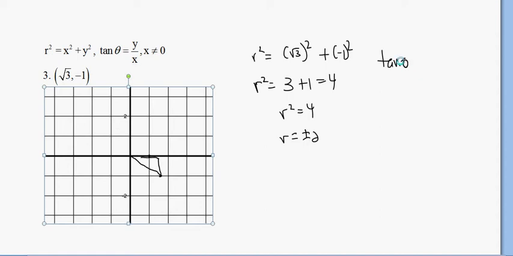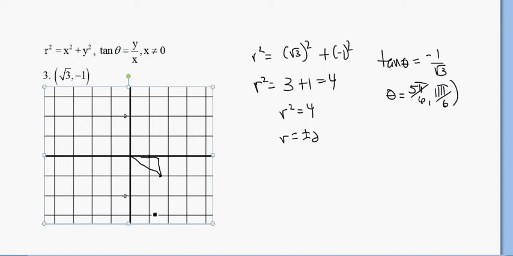The tangent of theta is going to be y over x, which is negative 1 over radical 3. So that's going to be a pi over 6 angle, when tangent is negative, which is in the second and fourth quadrant. So theta is 5 pi over 6 and 11 pi over 6.